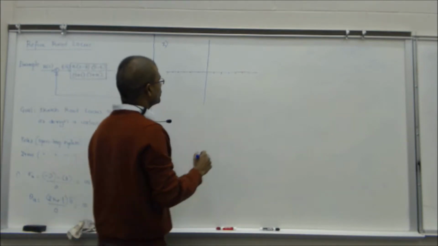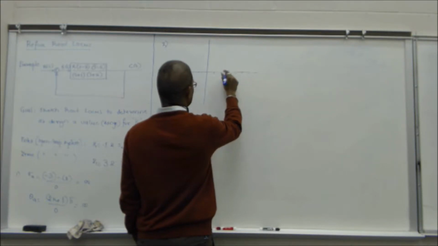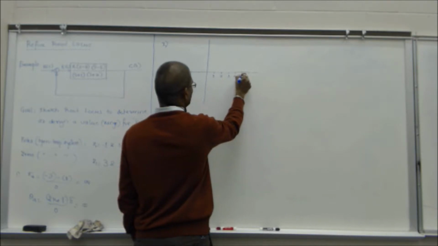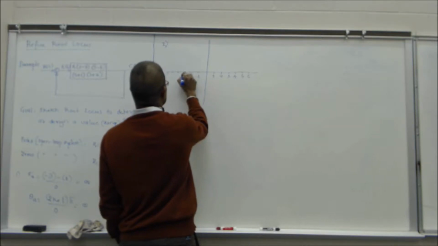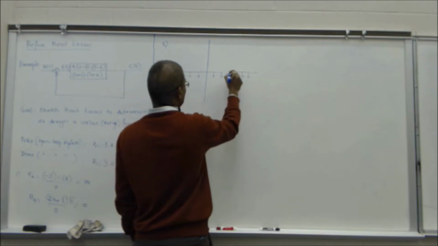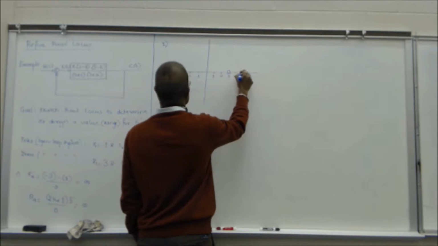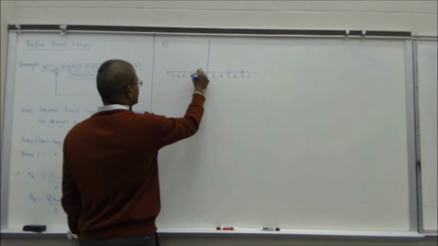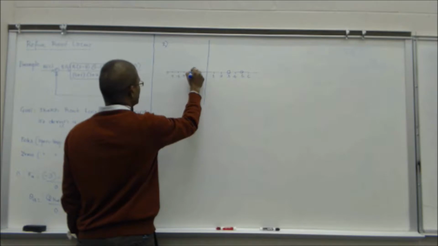Open loop zeros, you have one at plus 3, so it is 1, 2, 3, 4, 5, 6, minus 1, minus 2, minus 3, 4, minus 5. This is one of your zeros, and this is the other zero. And your poles are this one and this one.